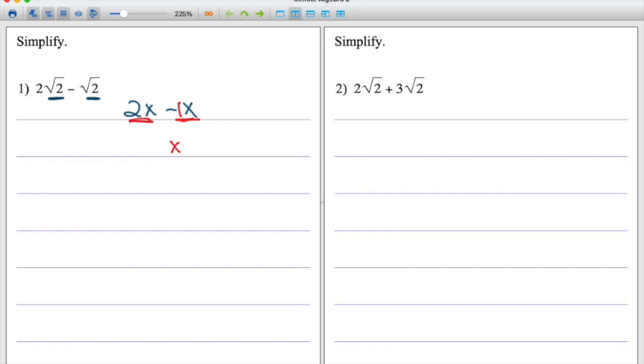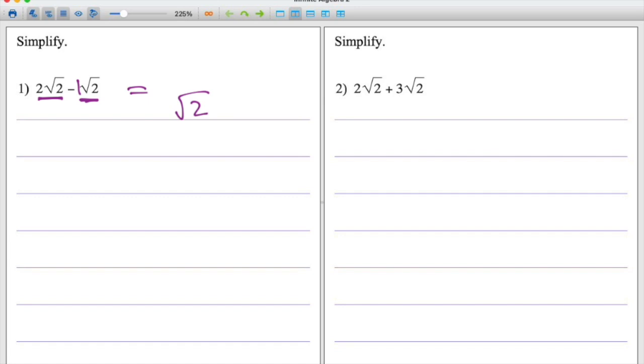That is exactly the same thing that we're doing here. This says I have 2 square root 2's, and I'm subtracting 1 square root 2 for a total of 1 square root 2, or just square root 2. They have to be like terms or like radicals to be able to subtract them.